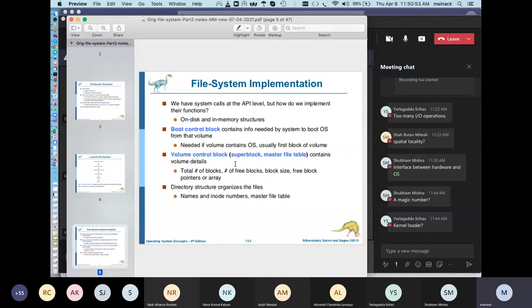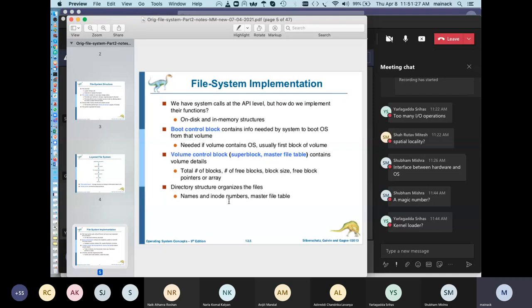And this directory structure in Unix includes file names and associated indices of those file control blocks in the array. Okay, so names and inode numbers. In particular for Unix, you call the FCB an inode.